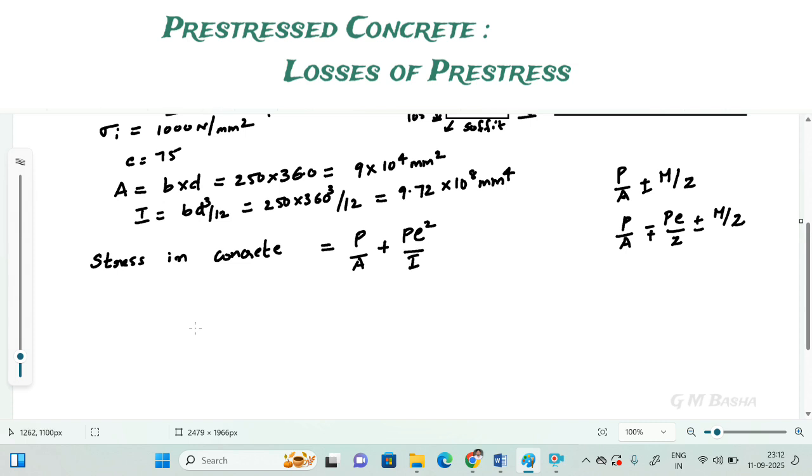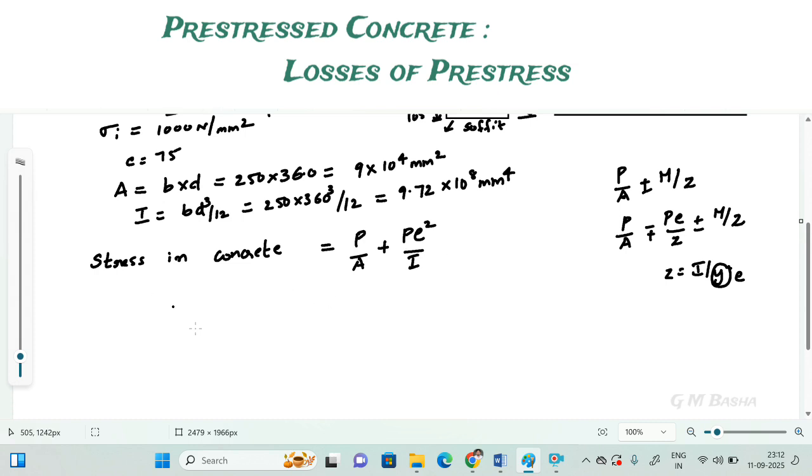How we will get this PE square by I: this Z will be equal to I by Y. Y here is the maximum distance from the centroidal axis, but here you will get it in terms of eccentricity, so that will be equal to E. So that is PE square by I. If you substitute Z equal to I by Y, you get directly the formula P by A plus PE square by I. You please remember this formula.